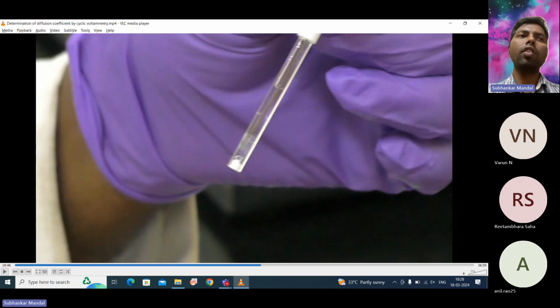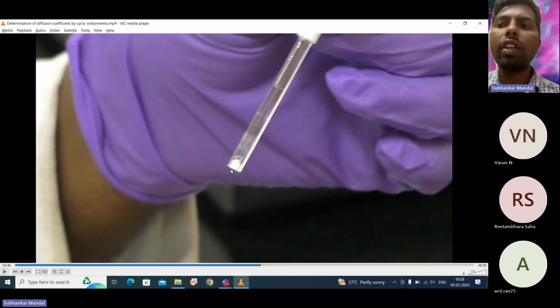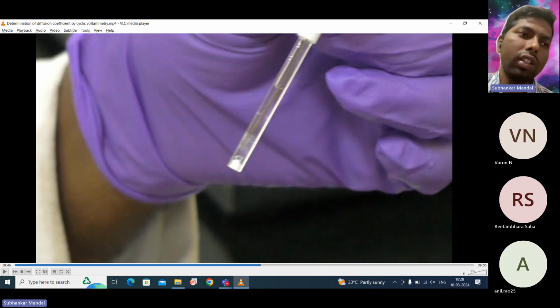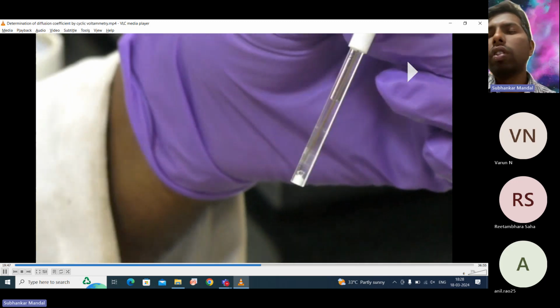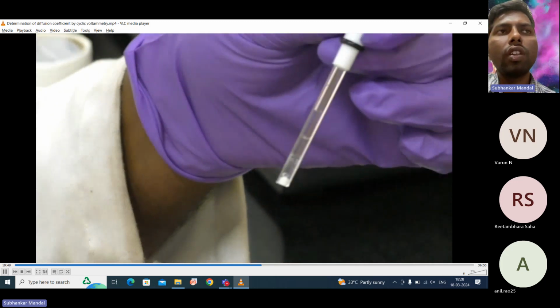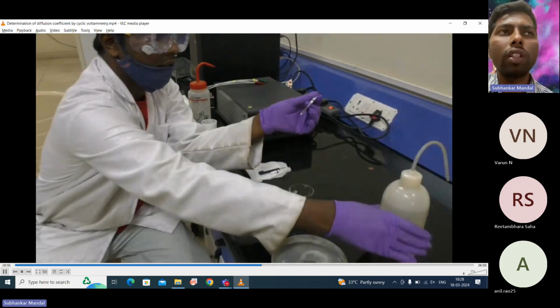In this case, your reference electrode or electrolyte is in one electrochemical cell, and it is separated from the other by an ion-transporting frit. Basically, it will transport the ions, but it will not mix with the electrolyte. Okay, so you can see this frit, and this is the working electrode.